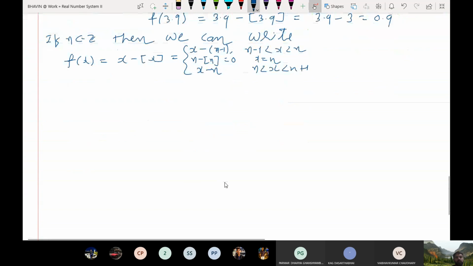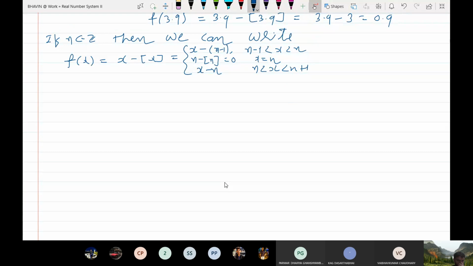Okay, so now you can see, what can you see? Tell me. The graph of the function is, see, this is x minus (n minus 1). If you plot the graph of this much portion, what does it represent in the xy plane? Can you say?